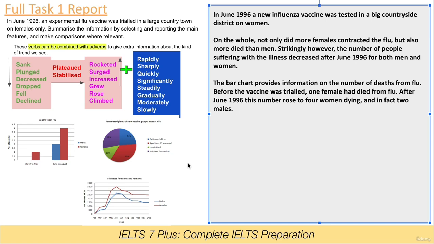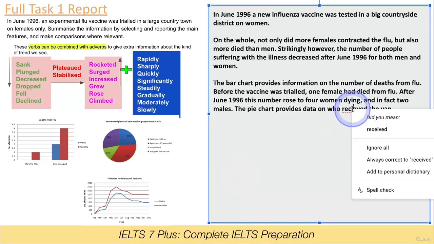Okay then, let's link in the pie charts, the fact that these women were getting the vaccine. And yes, so we could say something like, what's quite significant, we've got aged 65 years and over, 65 years, sorry. The pie chart provides data on who received the vaccine.